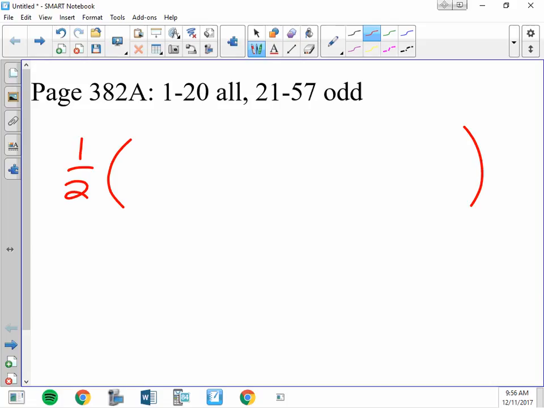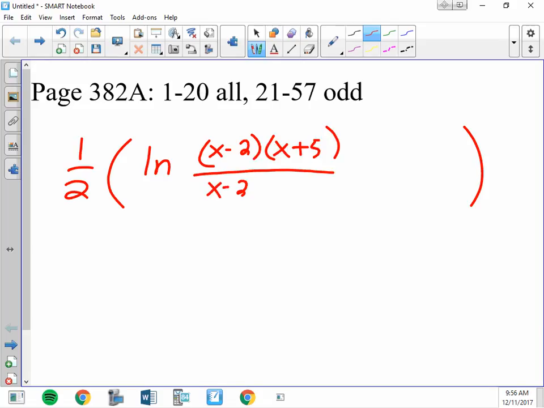And both of those get a negative. So for 35, we would get ln of x minus 2, x plus 5, and then on bottom we get x minus 2 and x minus 1.